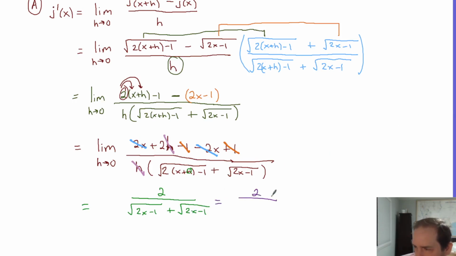I get 2 over 2 root 2x minus 1. But these 2's can cancel. That numerator cancels with that coefficient. We get a final answer that says that j prime of x is 1 over root 2x minus 1. But there's our derivative function.